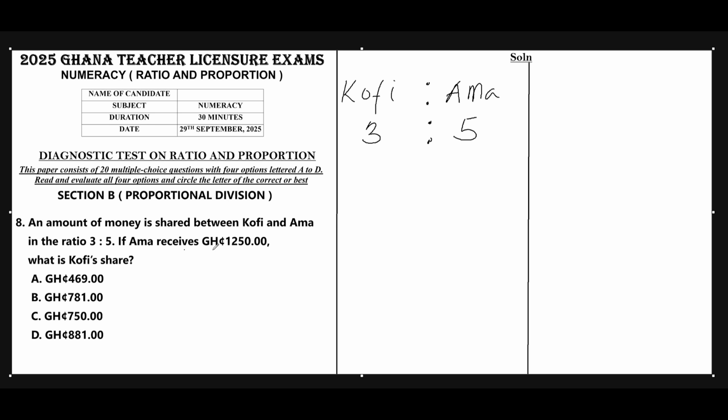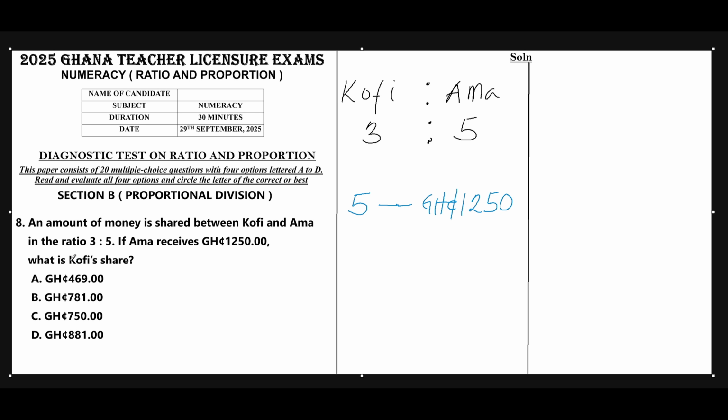We see that this amount here is for Ama. So that is the amount of money received by Ama. So the amount of money received by Ama goes with Ama's ratio. So this time we know that Ama's ratio is 5. So this 5 should correspond to 1,250 cedis.